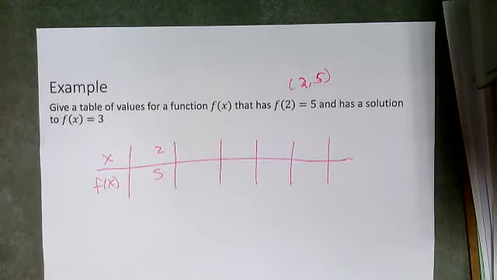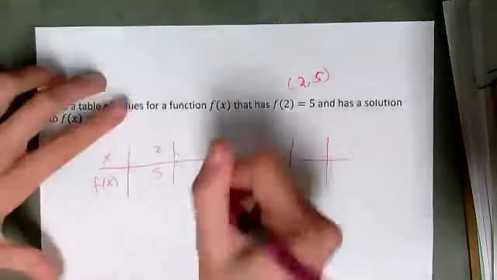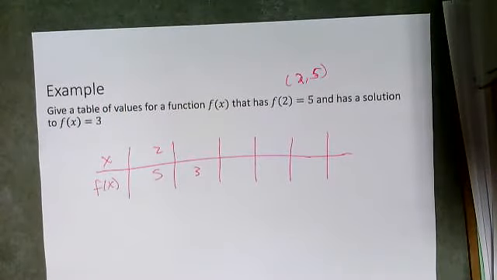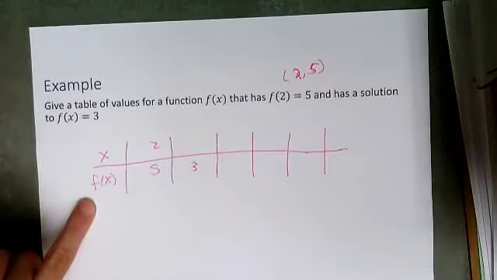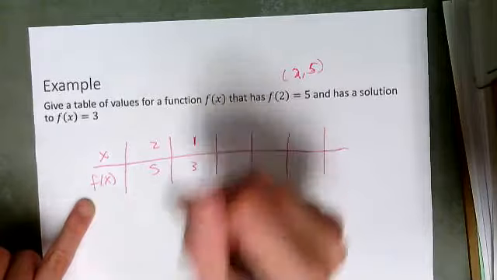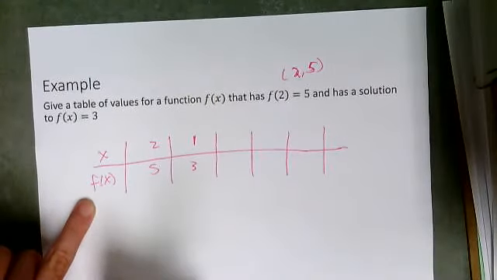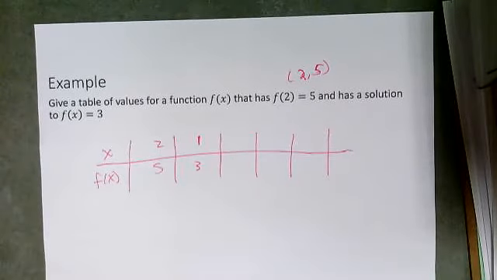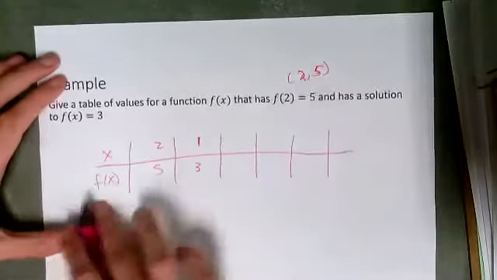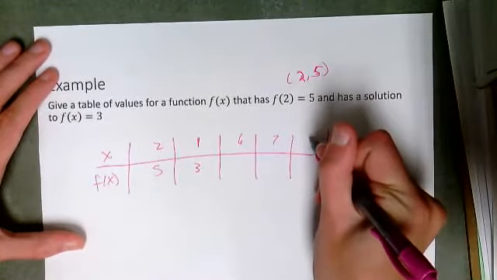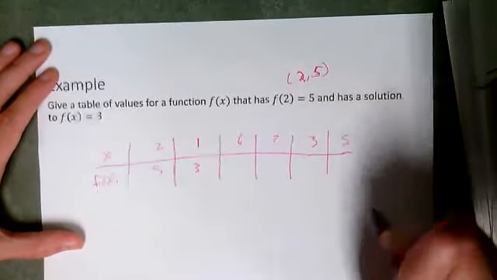Now it also says that we have to have a solution to f of x equals 3. So that means we have to have 3 as a value for f of x somewhere. This has to be a function, so 2 is knocked out of the water. We can't have that. So let's say 1. Right? So f of x equals 3, the solution now is 1, comma 3. This makes sense. All right, and now we just have to have a function for the rest. So let's say 6, 7, 3, 5.